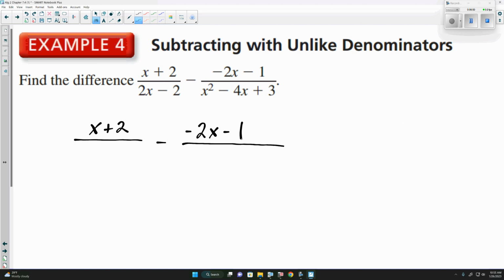We need to factor the denominators first. Now, our first denominator is 2x minus 2. Well, between these two terms, there is a greatest common factor of 2 we can factor out. So if I factor a 2 out of 2x minus 2, we're left with x minus 1.